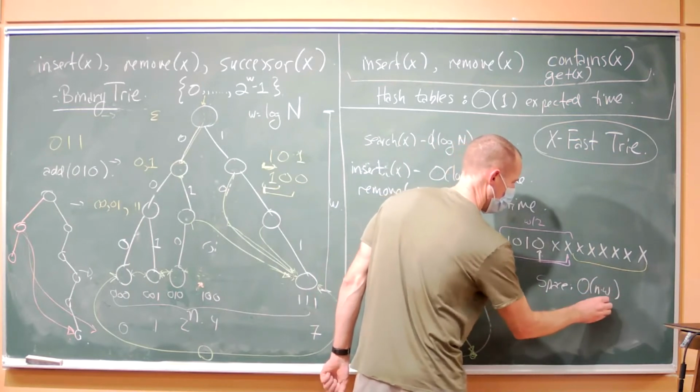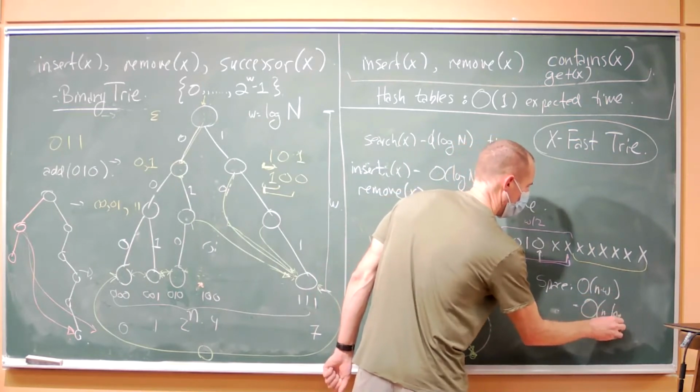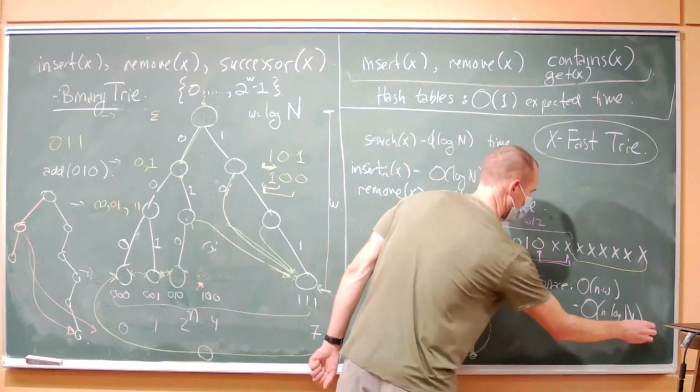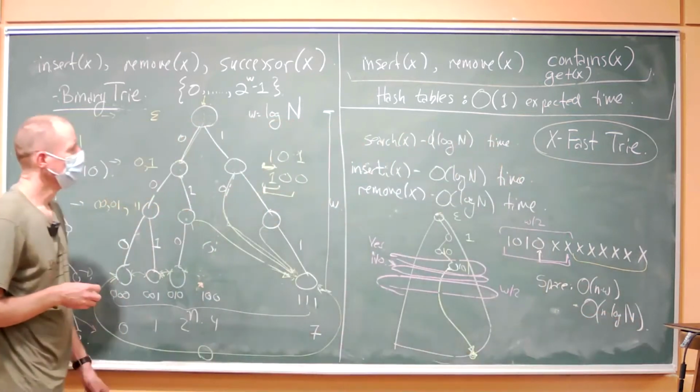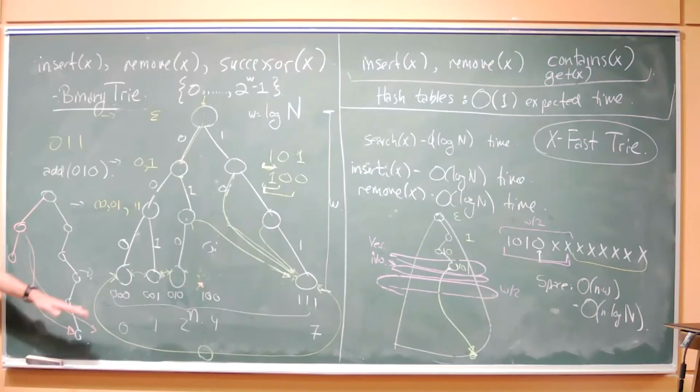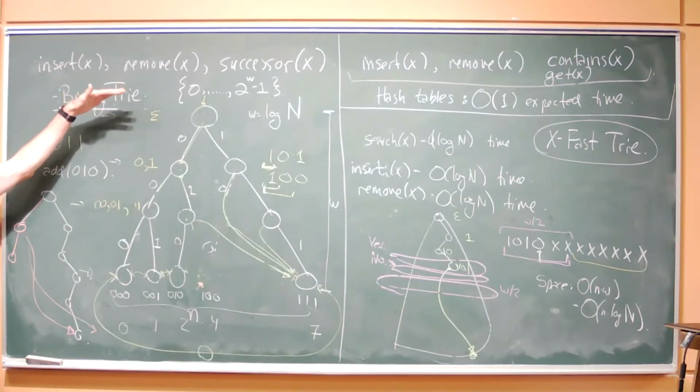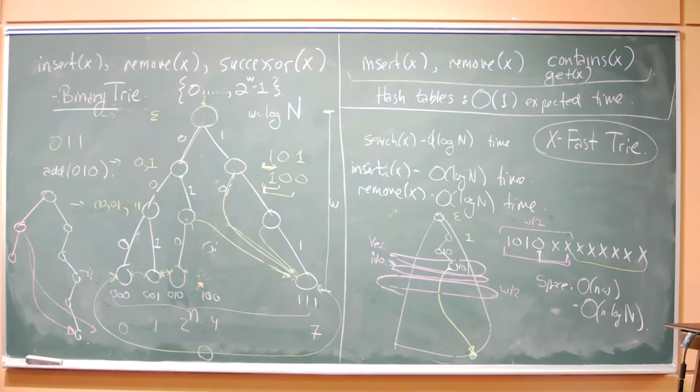That's the same thing as saying n times log big N. But adding the hash tables doesn't increase that at all, because all they do is store the nodes at each level, and the nodes are already there.